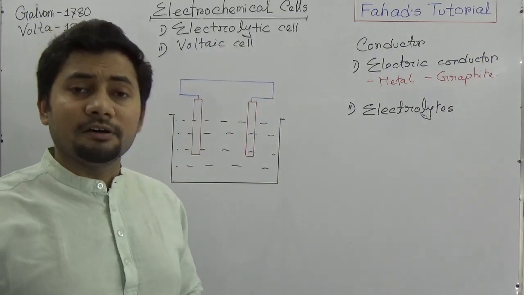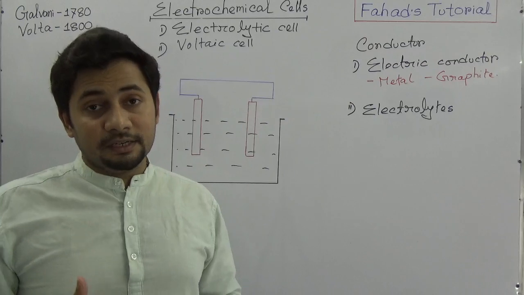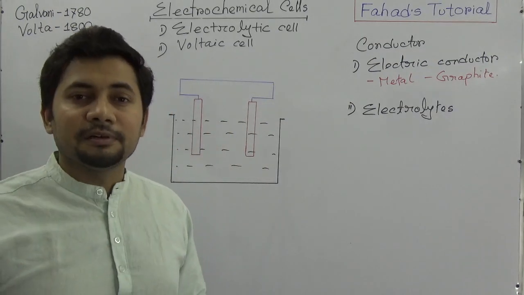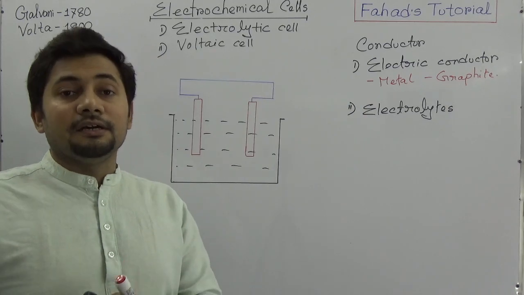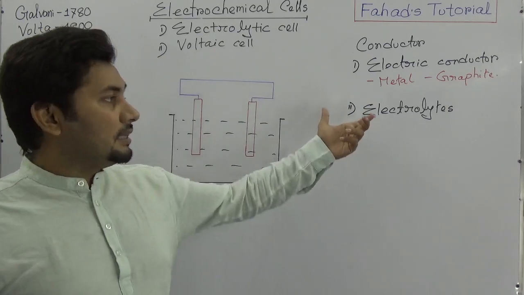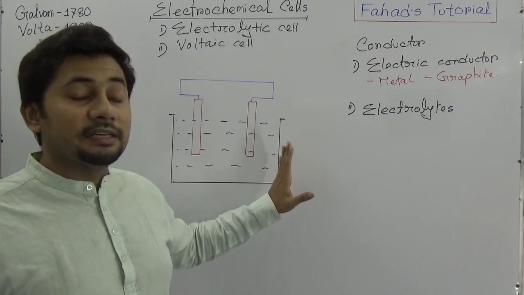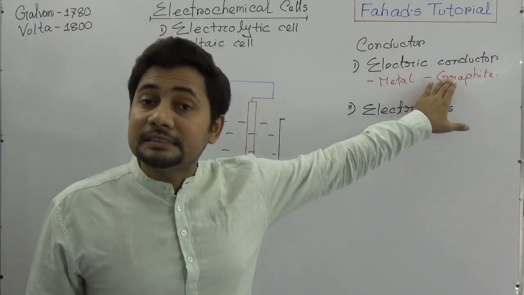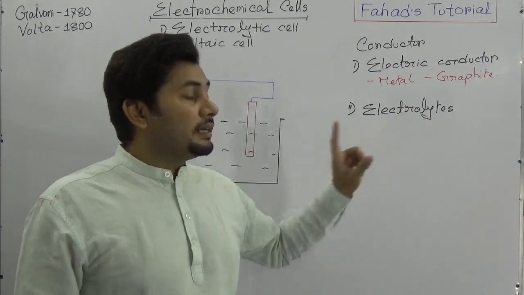Metals like copper and zinc we will definitely use in this type of electrochemical cell. Copper and zinc are very well used electric conductors in electrochemical cells.